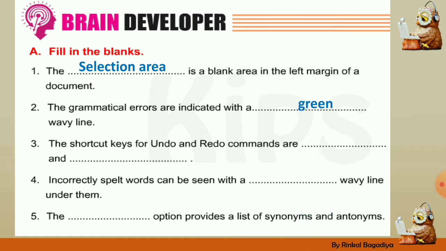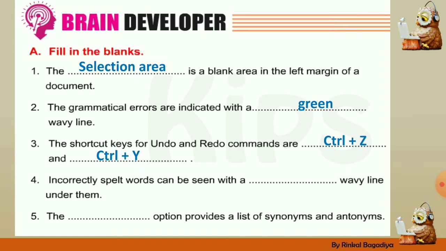Number 3, the shortcut keys for undo and redo commands are dash and dash. In the first blank write the shortcut key for undo command, which is Ctrl plus Z, and the shortcut key for redo command is Ctrl plus Y. So write in the second blank.